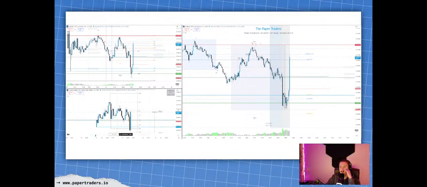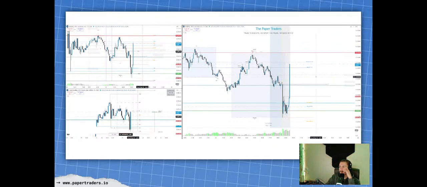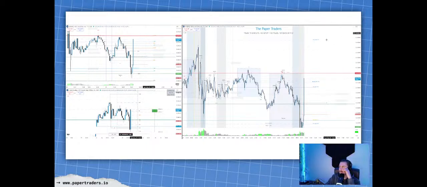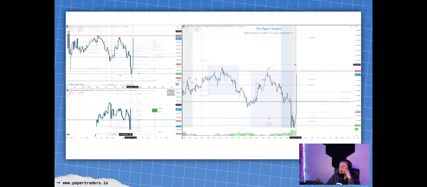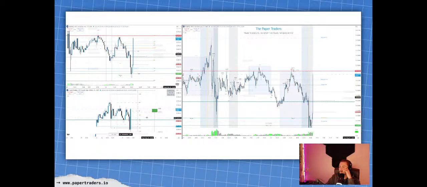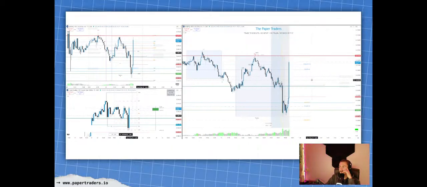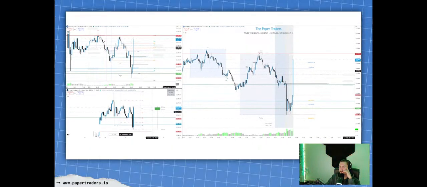Let me clear this 4-hour into the previous day 50. That hourly looks wicked. Yep, 4-hour too, 4-hour's nice. That 5-minute is insane.